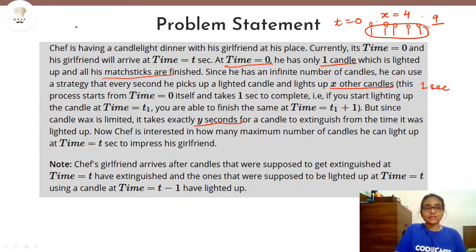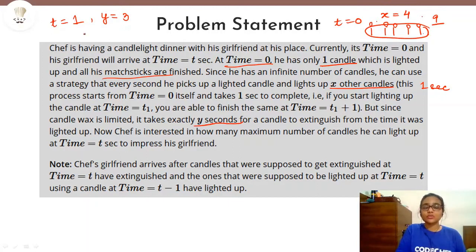Take it this way: suppose at t equals 1 second, a particular candle was lighted up. Say here I already showed you that 4 candles were lighted up at t equals 1 second. And let us take y equals 3. Means we are saying that after every 3 seconds, the candles will get extinguished from the time that they were lighted up.